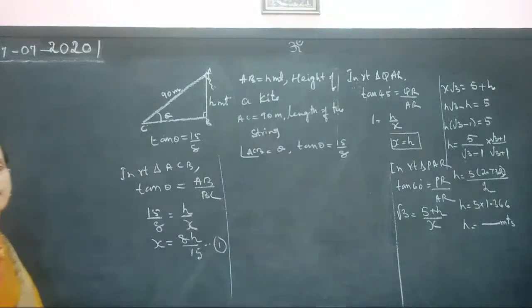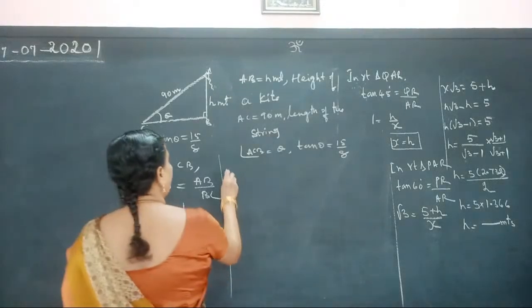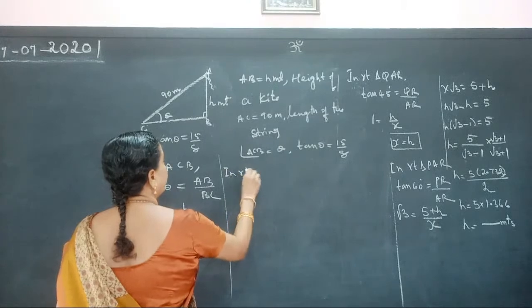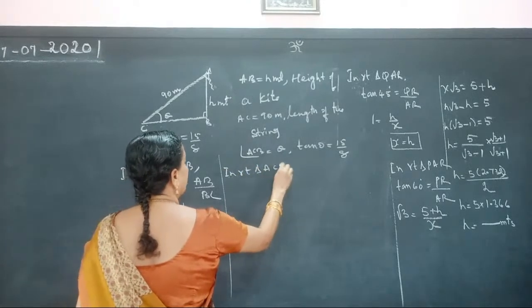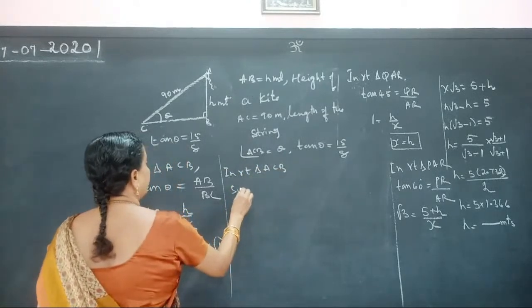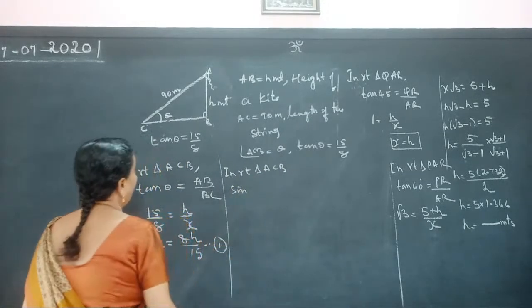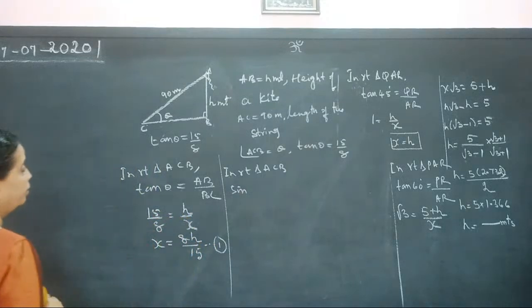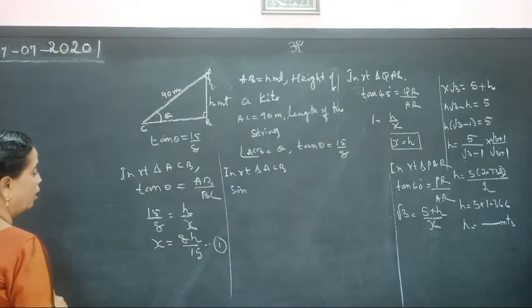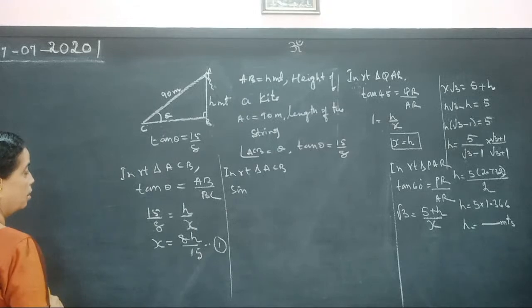Okay. Now, in right triangle ACB, sin theta we cannot get, because theta is not mentioned. X equals this.